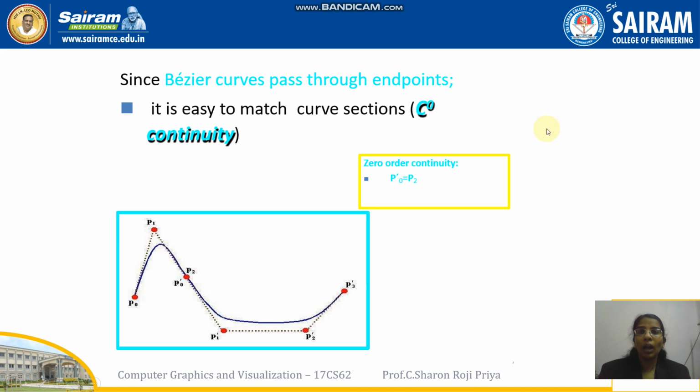And coming to this C0 continuity: when I draw piece by piece, at last I should join both the curves. There should be continuity in both the curves. For that I have C0 continuity. C0 continuity is the junction of the two curves, where the junction is smooth.